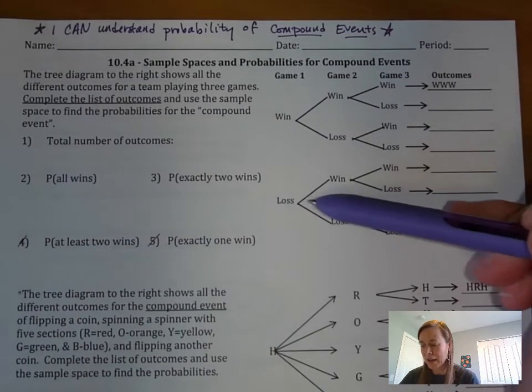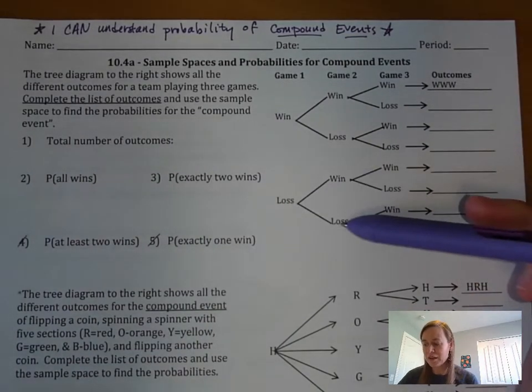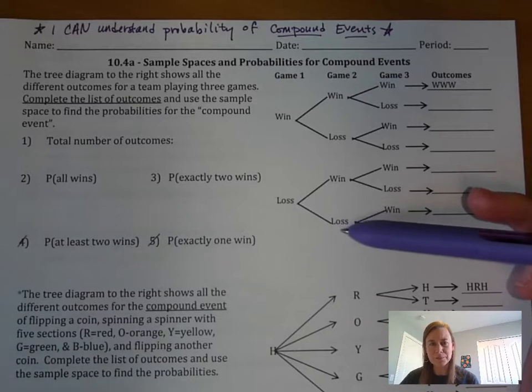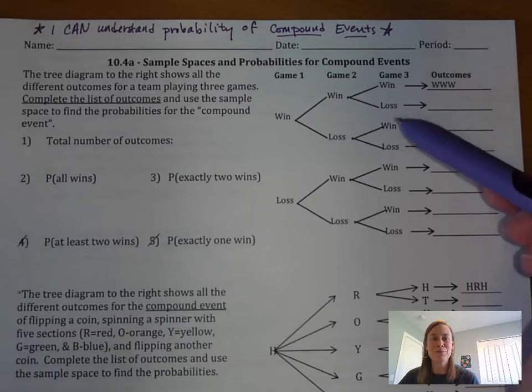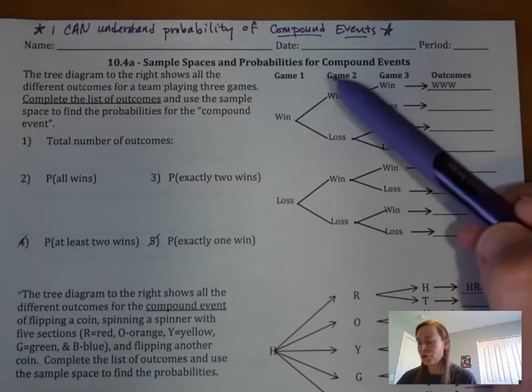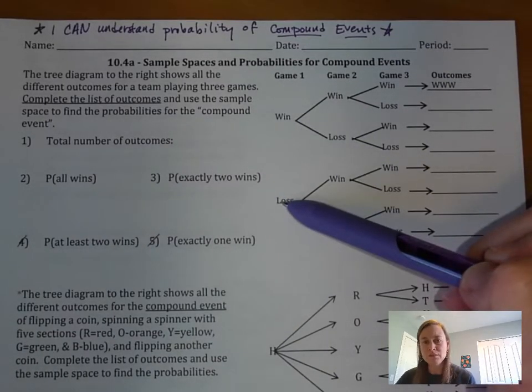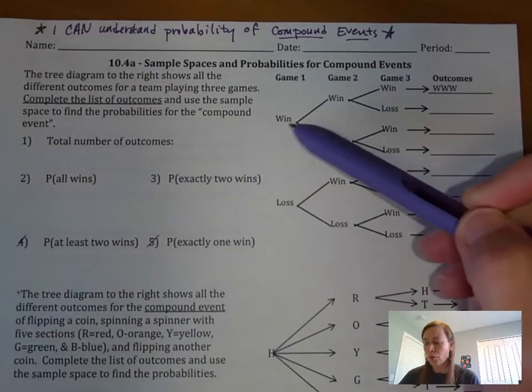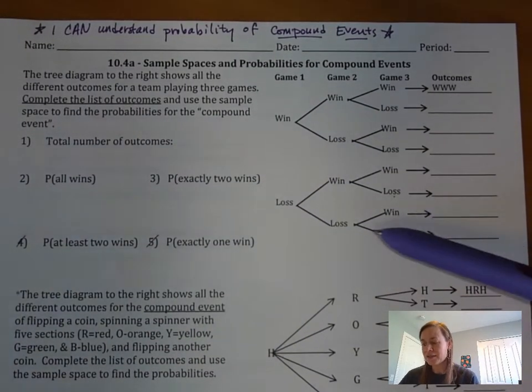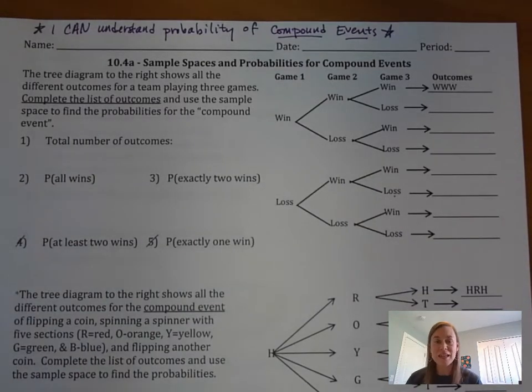Over here's what happens if they lose game 1, then they could win or lose game 2, right? But that's not all. There's also a third game, and that game might be won or lost. So they might lose game 1, then win game 2, then lose game 3, or any of these other possible combinations. And that's what we're going to write out right now, all the possible combinations, all the possible outcomes that are in this sample space.